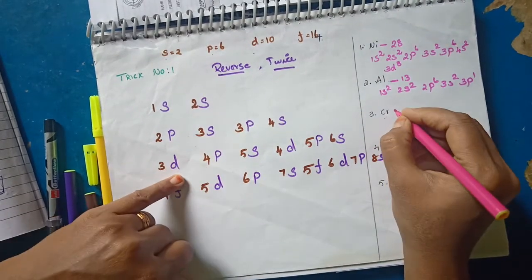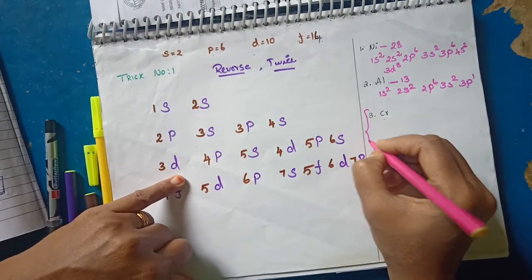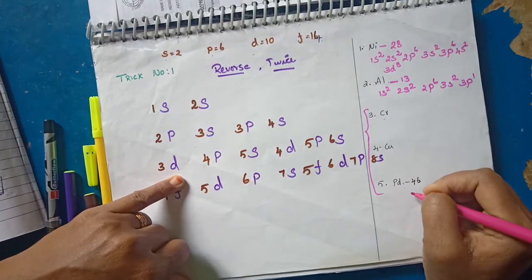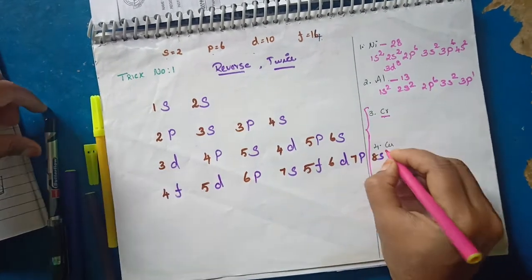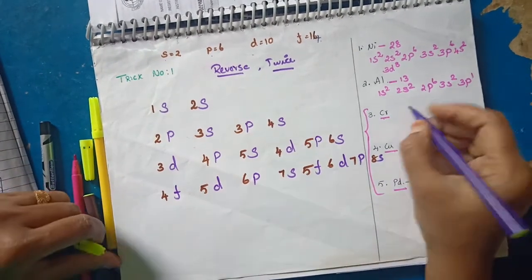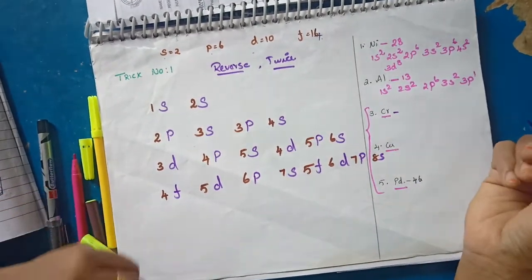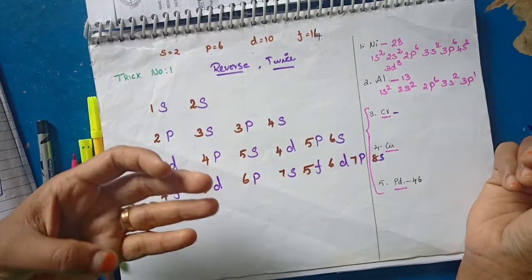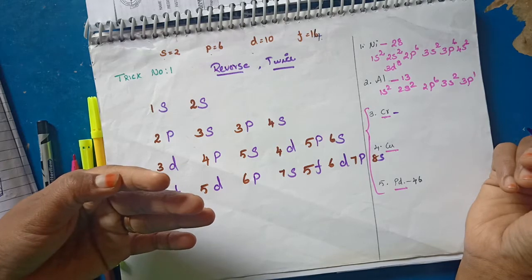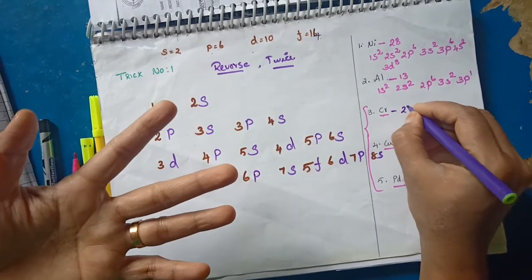Next we'll go for chromium. You have to be more careful writing these three electronic configurations: one is chromium, another is copper, another is palladium. Why, students? What is the atomic number of chromium? Scandium, titanium, vanadium, chromium. Chromium is 24.